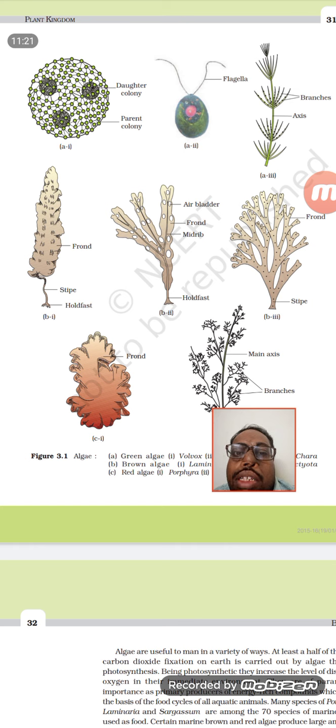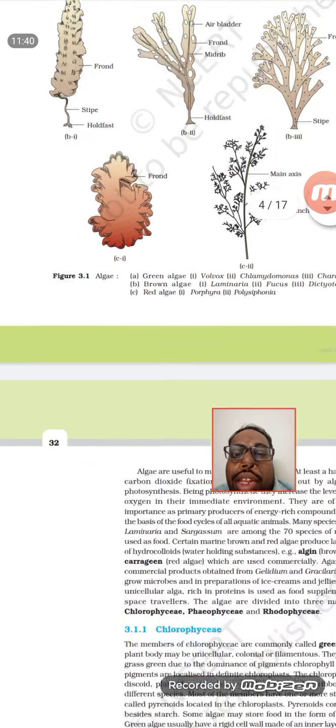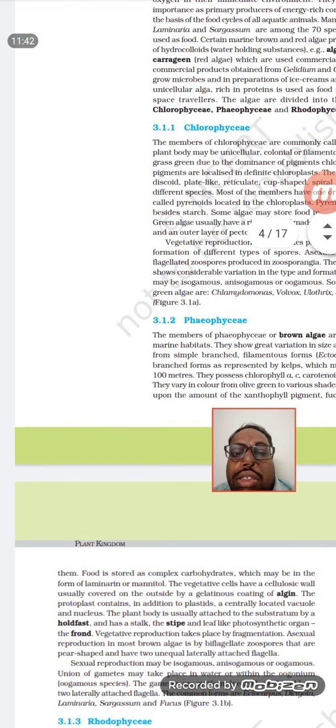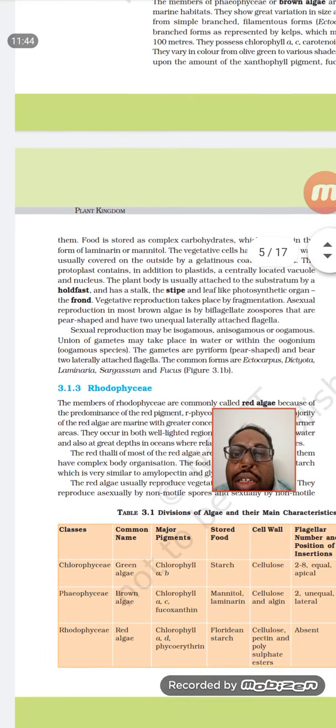And this holdfast helps them hold on to rocks or some substrates, so that they can grow faster in water. And they have air bladders because they can float on the surface of water, so that fixing of the sunlight will be very easy. So these structures we can see on them.